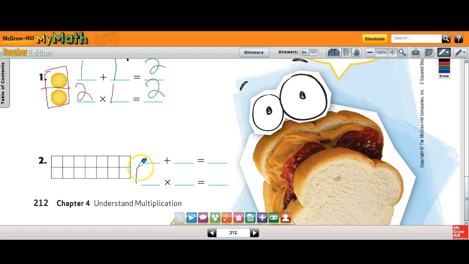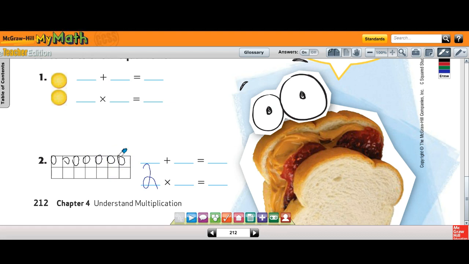The first number right here tells me how many rows I have. So how many rows do I have? Just 2. So how many in each row? 1, 2, 3, 4, 5, 6, 7.